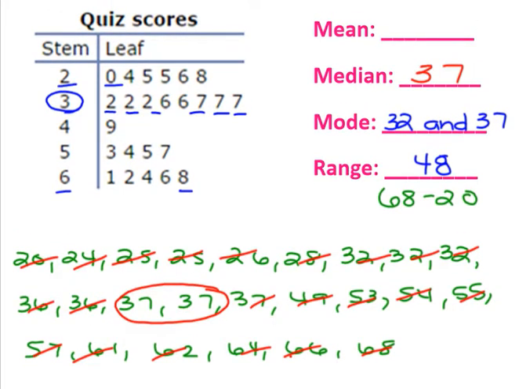Now go ahead and find your mean. So you're going to add up all those values and divide by the total number. When I added them all up, I got 1,016.